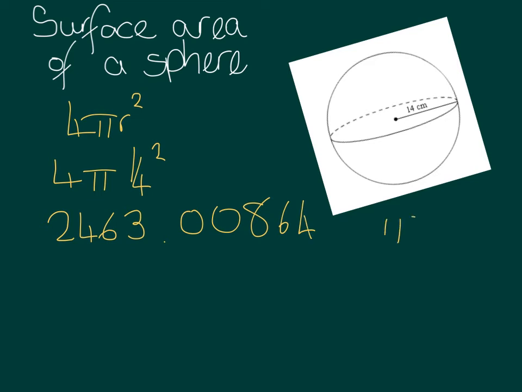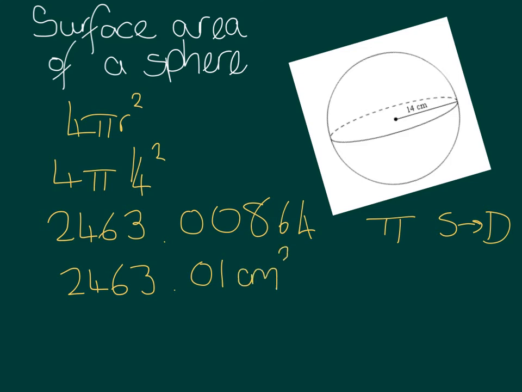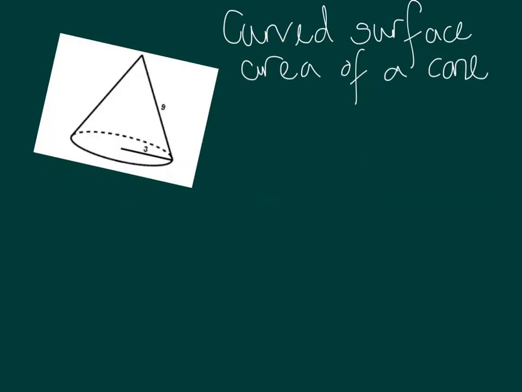Again, if you've got a pi in your answer, you need to be pressing S to D on your calculator, and we need to round that, so we should have 2463.01, and this time it's area, it's surface area, so it's going to be centimetres squared. And that should help you with question 2 on your worksheet.